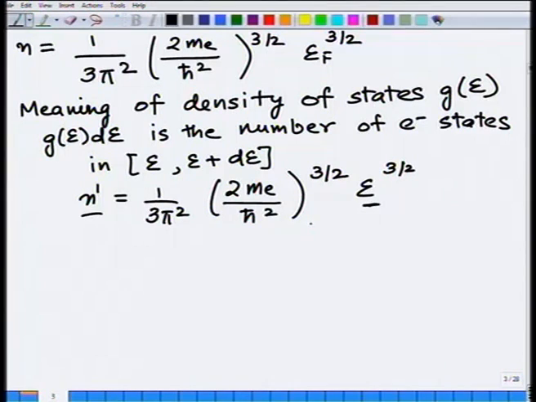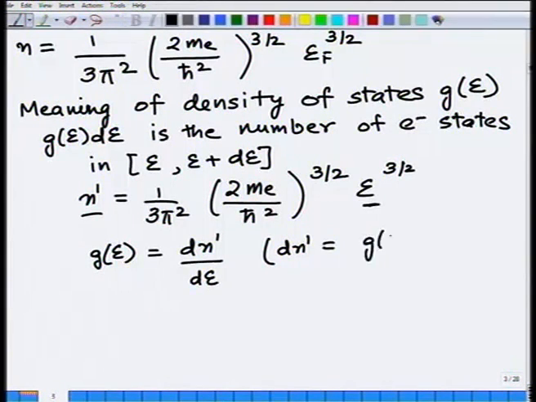Clearly then, this quantity G(E) would be simply dn prime by dE. Why? Because dn prime would be equal to G(E) dE. What does that mean?